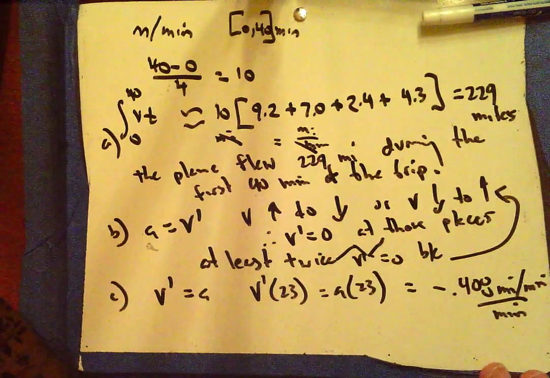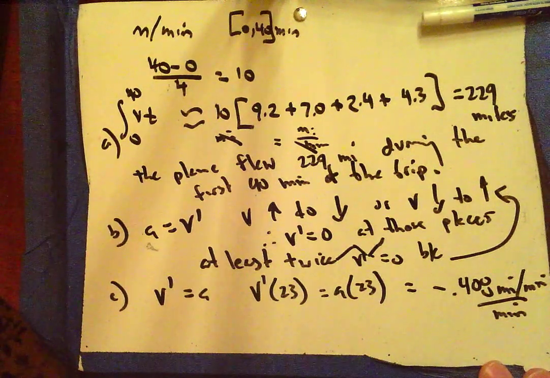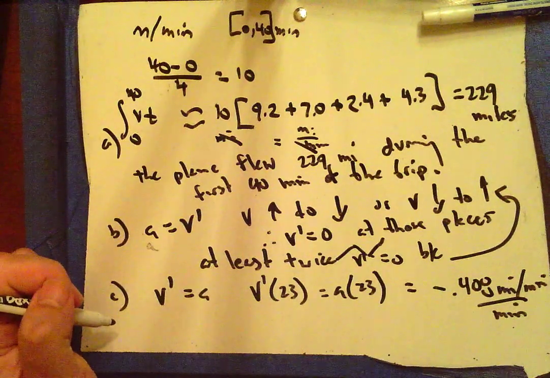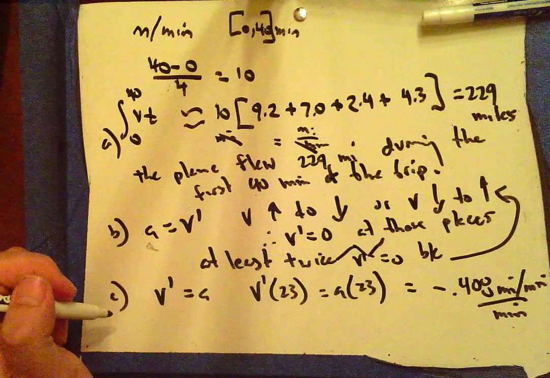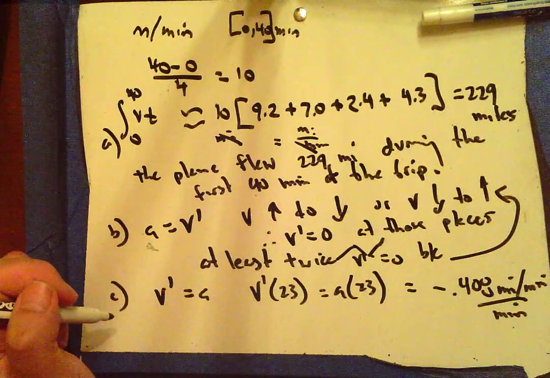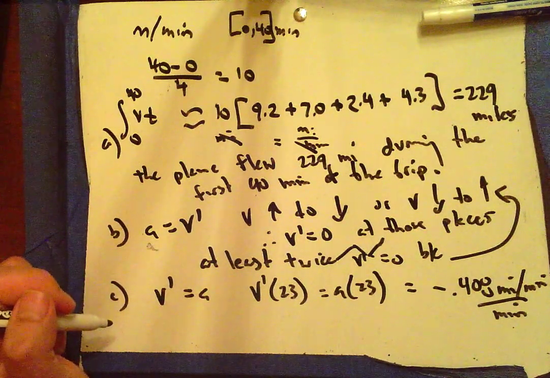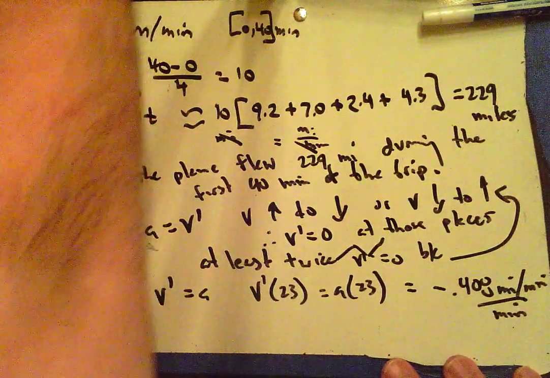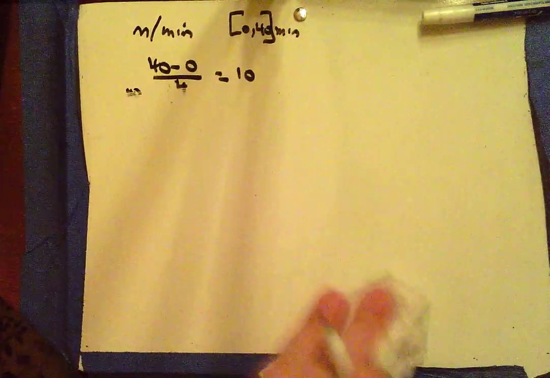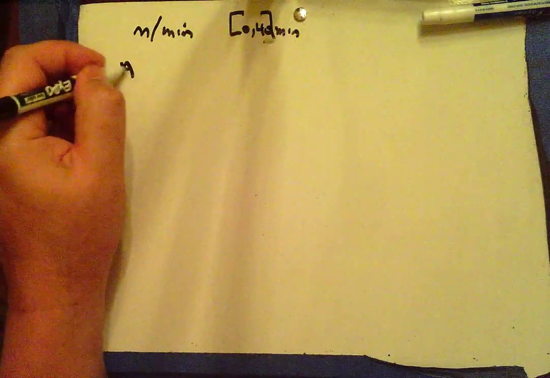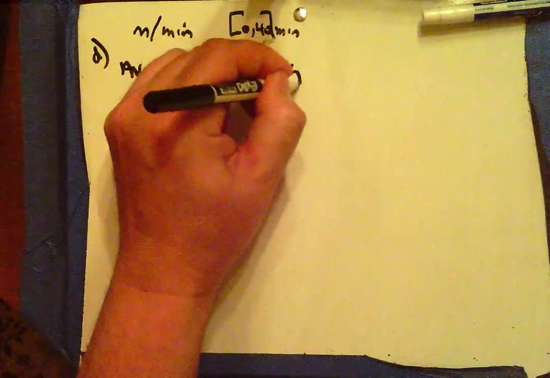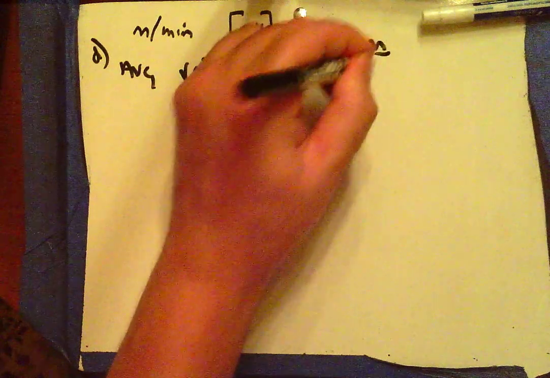And do they ask me to explain what that means? No, but find it and indicate units of measure. I've got that. Can I get D in here? According to the model in part C, what is the average velocity of the plane on 0 to 40? Well, they gave me a velocity function, and they want the average velocity, so they want the average value of the given function.